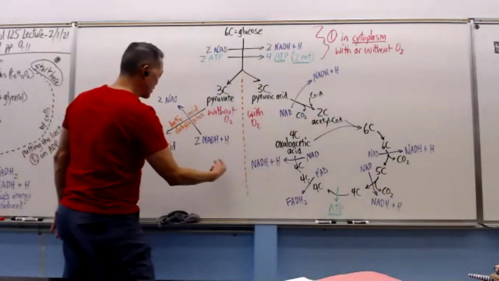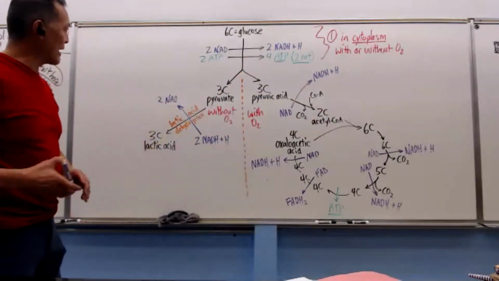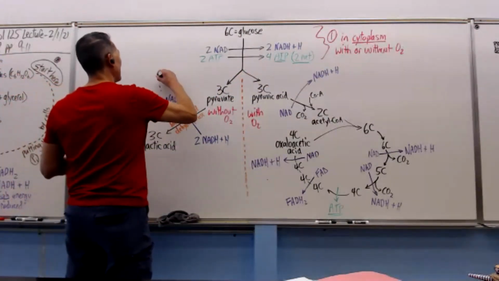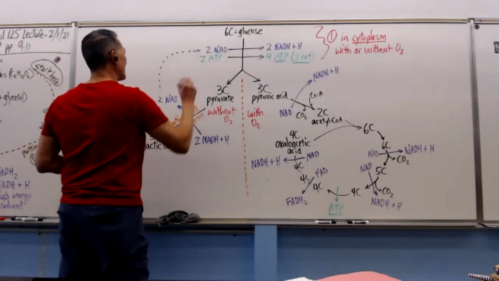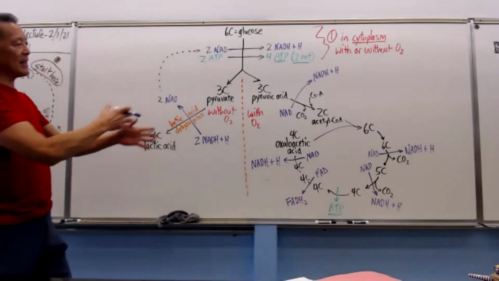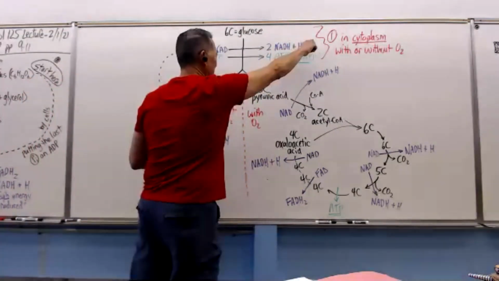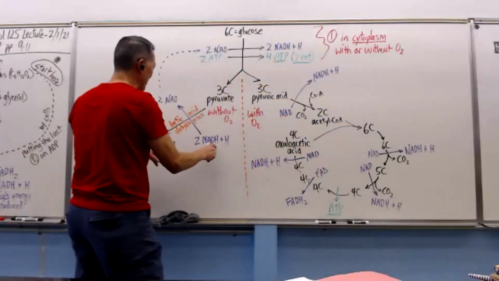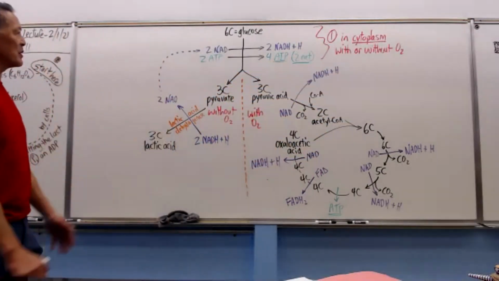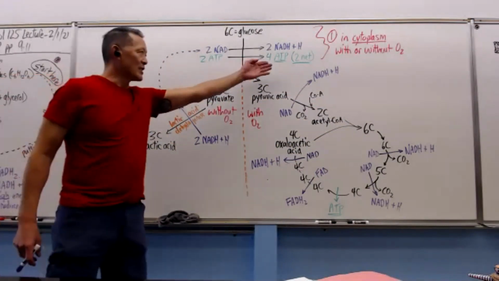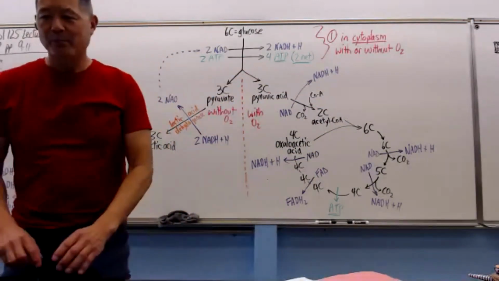This purple is going this way, and this is going back here. I'm doing a circle, but I got all that over there, so you're just gonna have to connect it yourself. Which means the only thing you get for that glucose is 2 net ATPs.